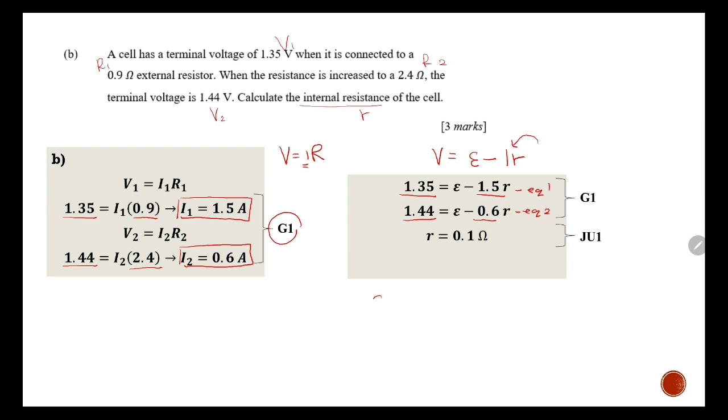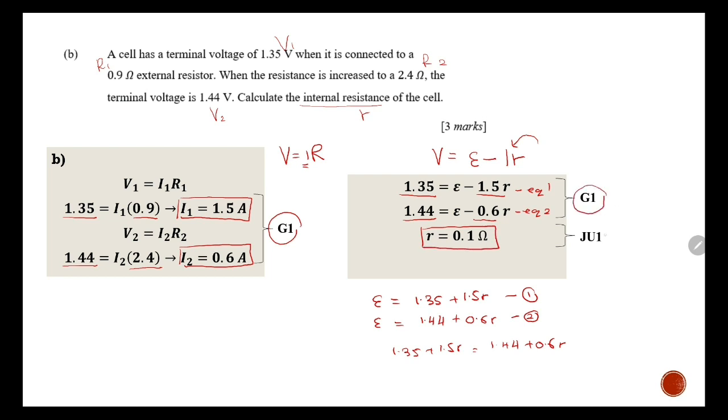E is equal to 1.35 plus 1.5 R, and E is equal to 1.44 plus 0.6 R. So equation 1 is equal to equation 2: 1.35 plus 1.5 R is equal to 1.44 plus 0.6 R. We can thus calculate the value of the internal resistance. 1 mark for the equation and the other mark for the answer with the correct unit. So this will give you 3 marks.